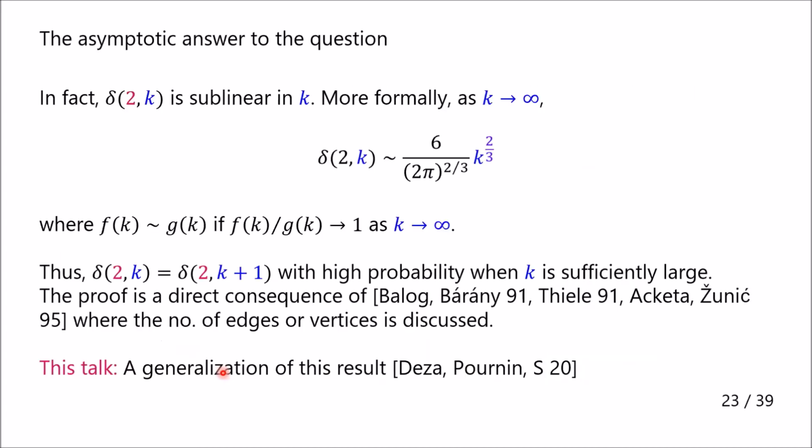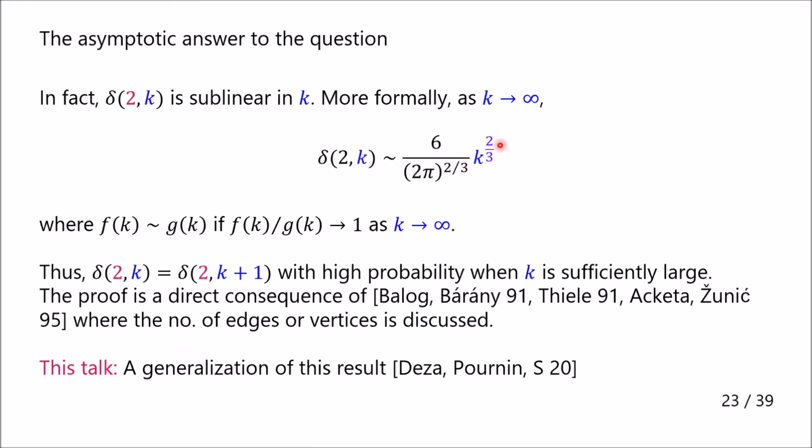And here is the answer. The answer is that delta 2k is sublinear in k. More formally, when k goes to infinity, one has this estimation, where this symbol means that the ratio of the two functions converges to 1 when k goes to infinity.